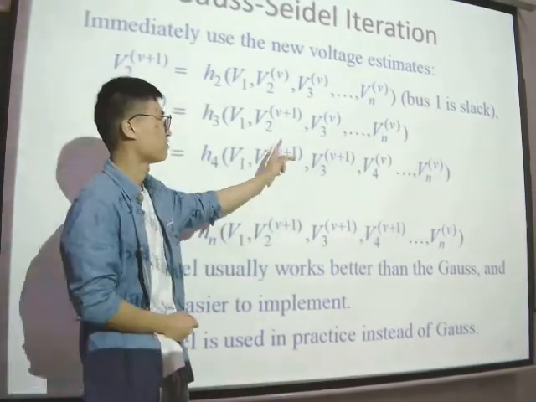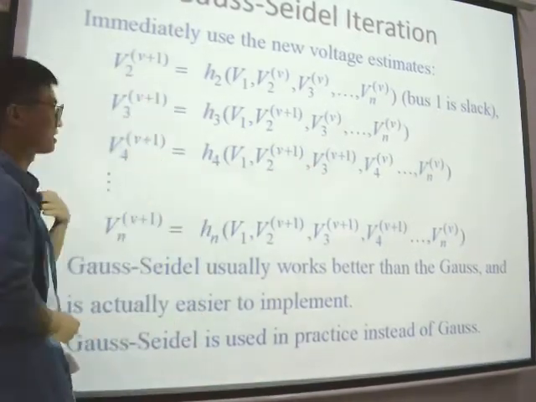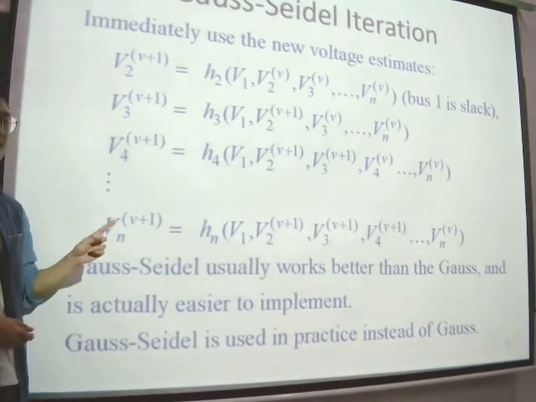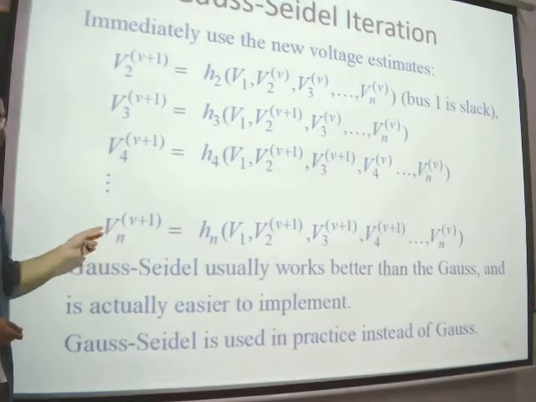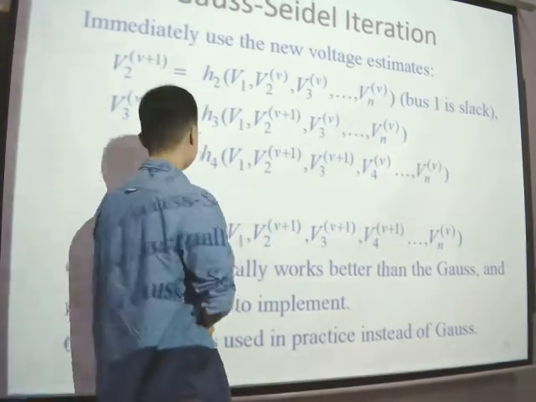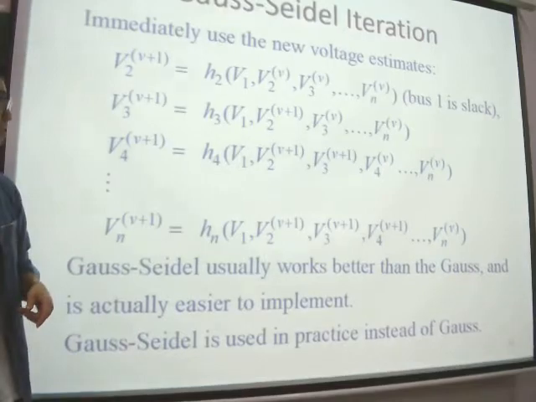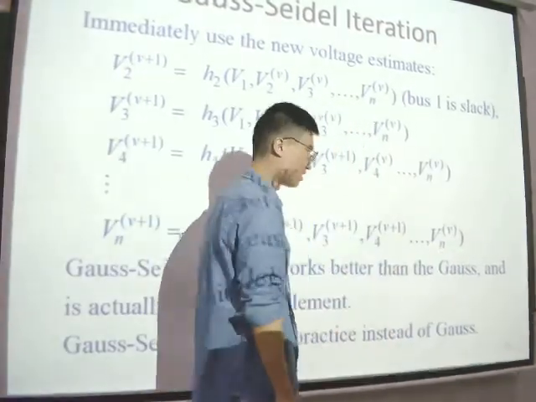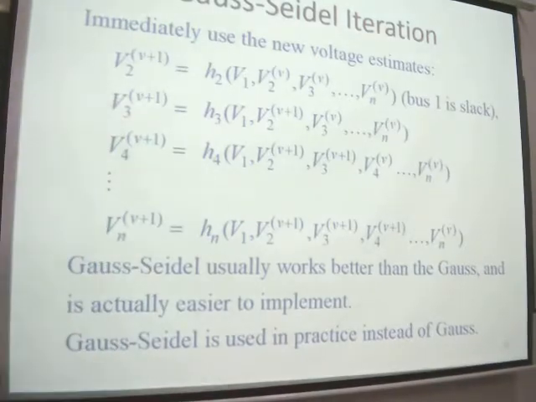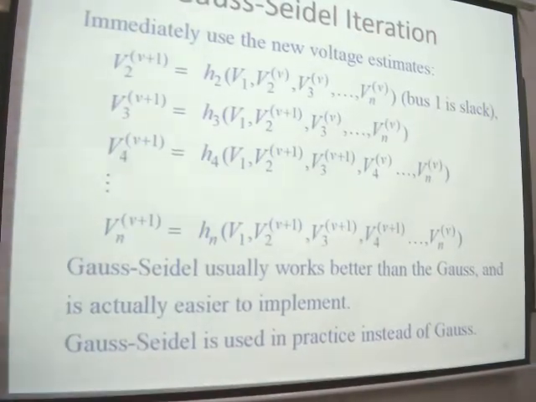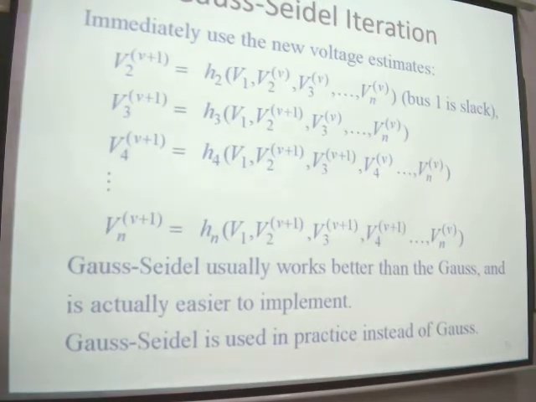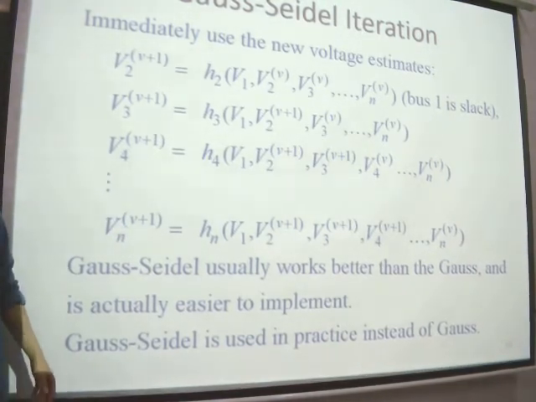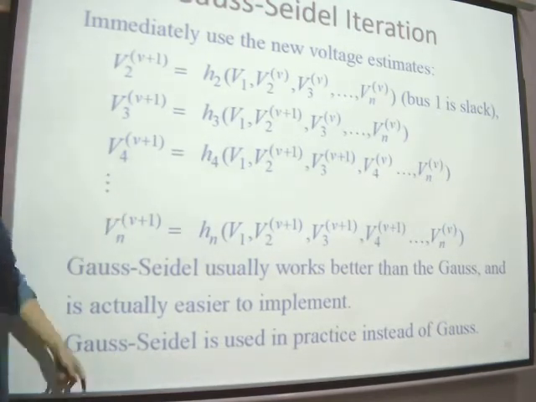In the third step, we get V3 into the V plus 1. So in each step, we update only one of the unknown parameters, so we will need n steps to update all of these parameters in this equation. That will be very difficult, because we need n steps to complete only one update.